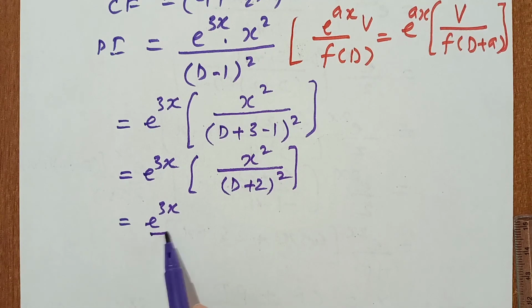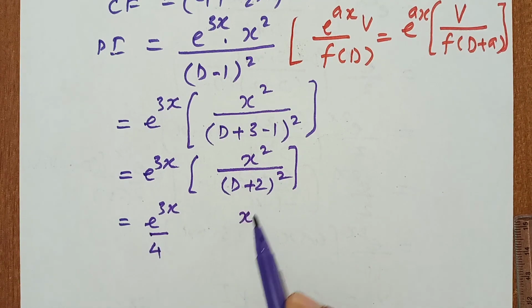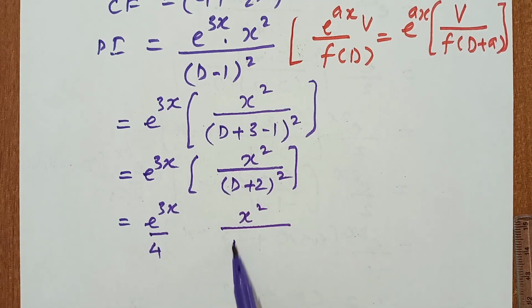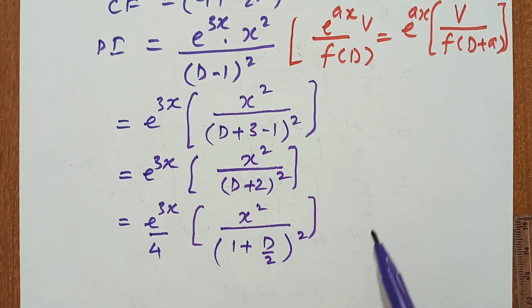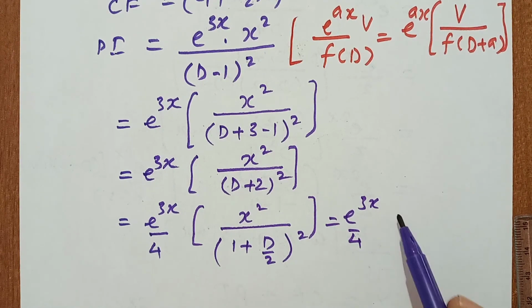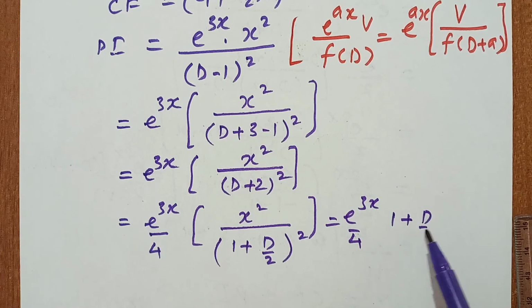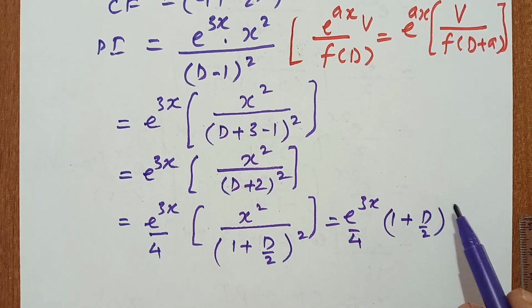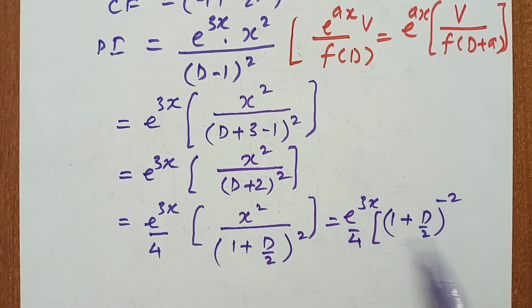So this is 1/4 x² / (1 + D/2)², which can be written as (e^(3x)/4)(1 + D/2)^(-2) x².